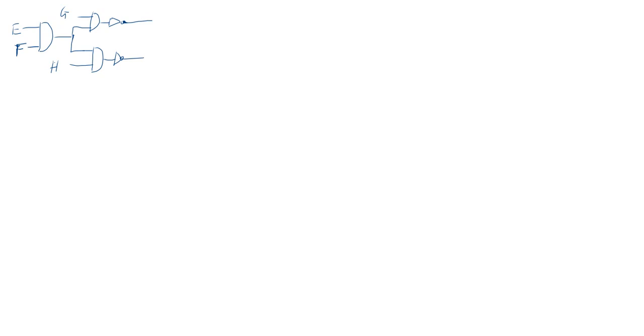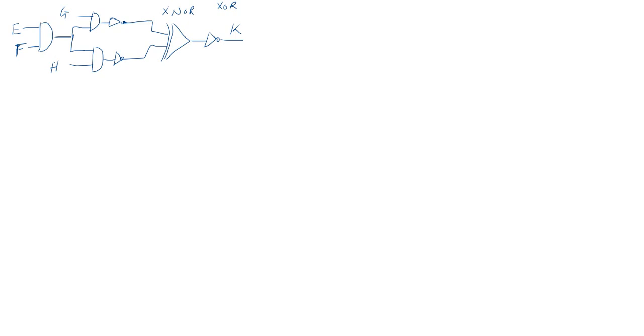Now from there, these two are going into what we call an XNOR gate, whereby an XNOR gate is an XOR plus a NOT gate at the end. So we are going to separate them so that we have the XOR gate and the NOT gate alone, so that at the end of it we have our K, which is the output.